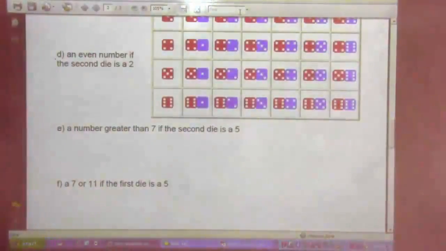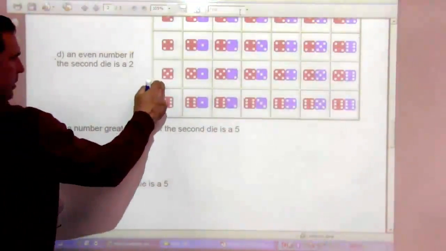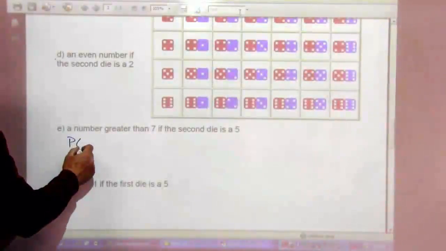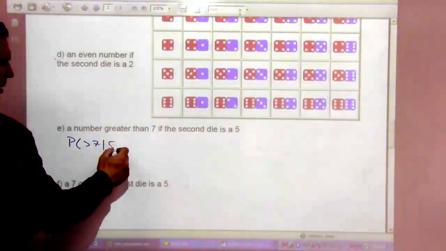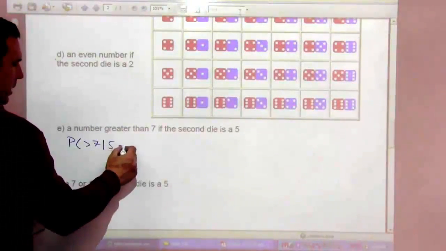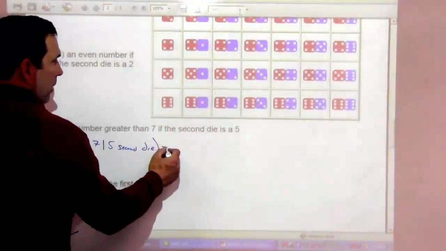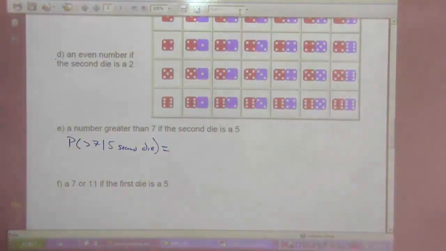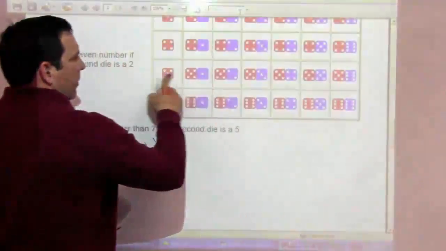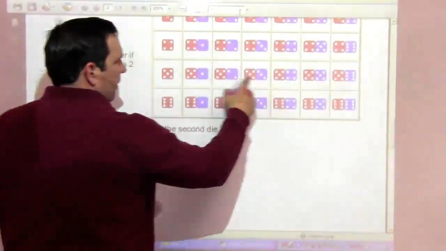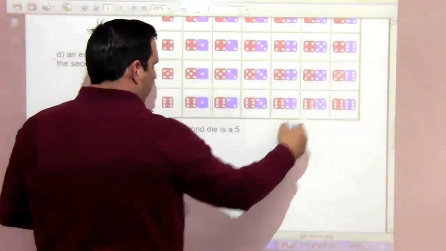Okay, E, a number greater than 7 if the second die is a 5. Well, I think we can still use this row. Probability of being greater than 7 given 5 for the second die. Okay. Well, here's where a die is 5. How many of these are more than 7? That's 7, so we have 1, 2, 3, 4 more than 7.